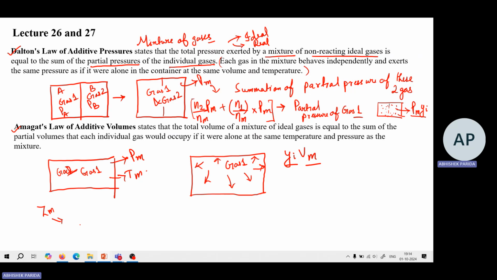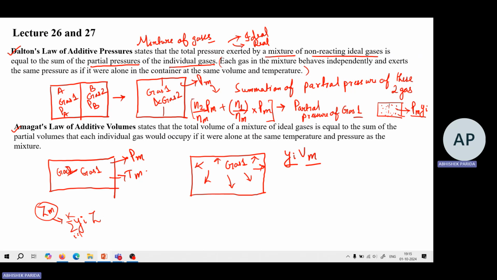The compressibility factor of the mixture can be calculated by the summation of yi Zi, i equal to 1 to k. That means you have to find the compressibility factor of all the gases at that pressure and temperature, and after that you add them, and then you get the compressibility factor of the mixture.